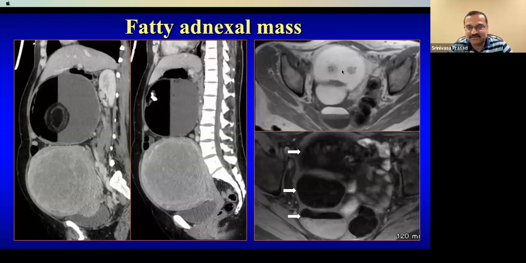And here are T1 weighted images, one with fat saturation in the bottom and without fat saturation in the top, showing hyperintense masses with so-called fat-fluid levels, and there is diffuse loss of signal on fat saturated sequences, confirming the presence of macroscopic fat.